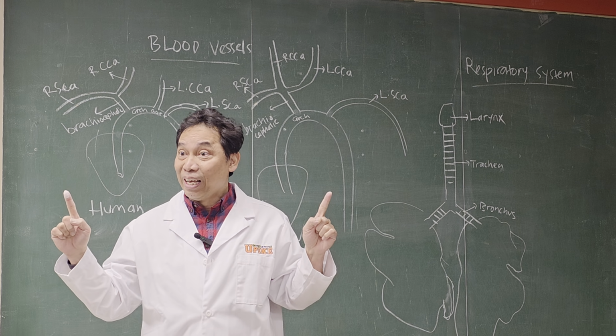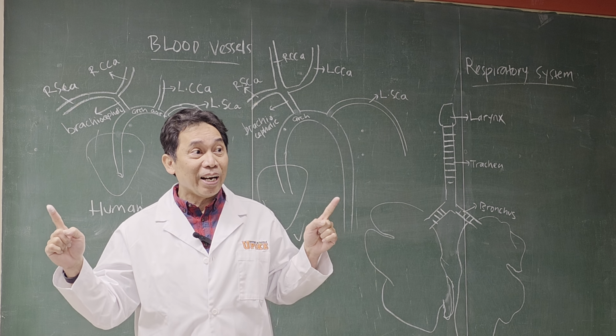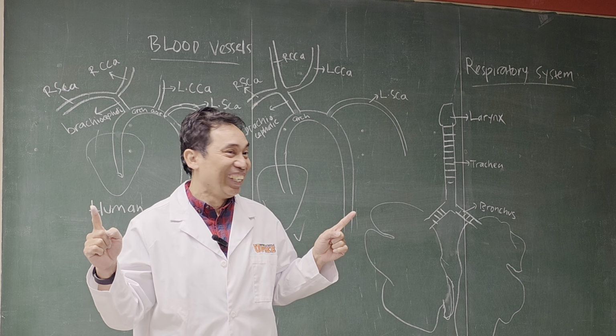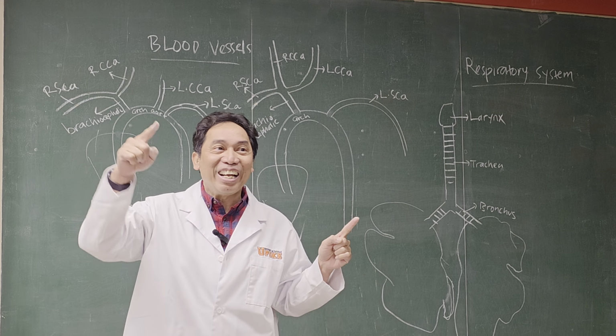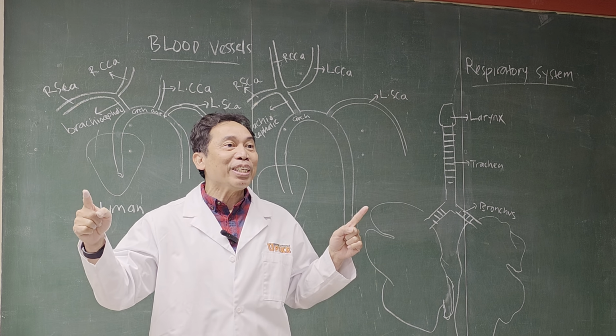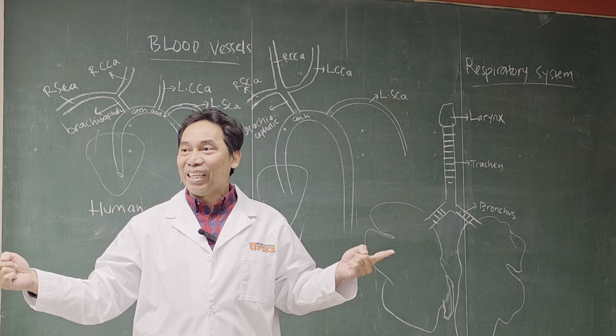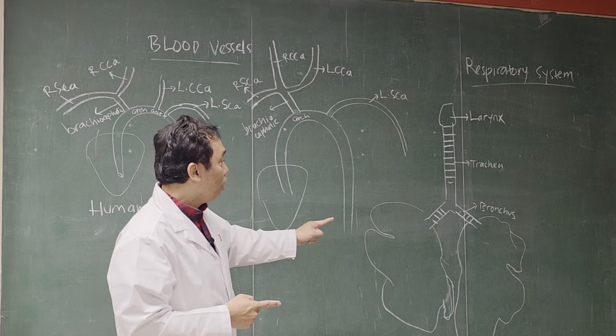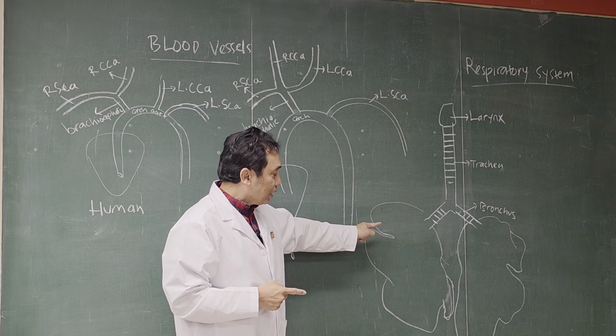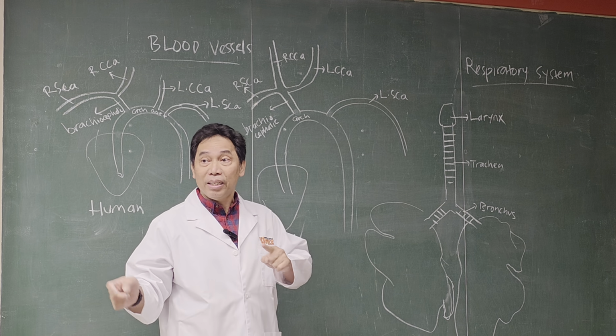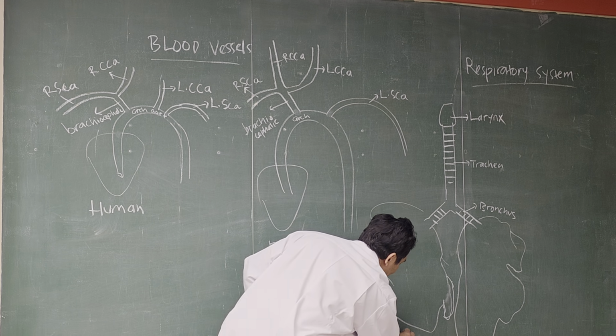Are you with me? Pigs can run faster. They actually have more lobes compared to the human. Try to look at the lobes of the lung. In pigs, on the right side, they have 4 lobes.